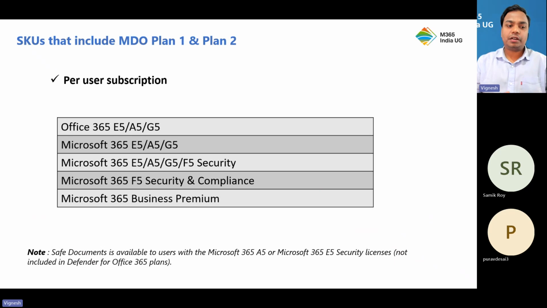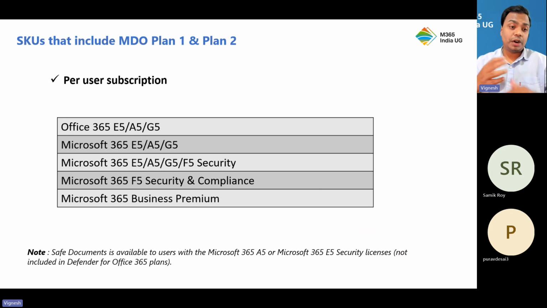You should be running either Office 365 E5, A5, or G5, or Microsoft 365 E5, A5, G5. Similarly, the Microsoft 365 E5 Security, the Microsoft 365 F5 Security and Compliance, or Microsoft 365 Business Premium. These are the SKUs which give you the MDO Plan 1 and Plan 2 capability.